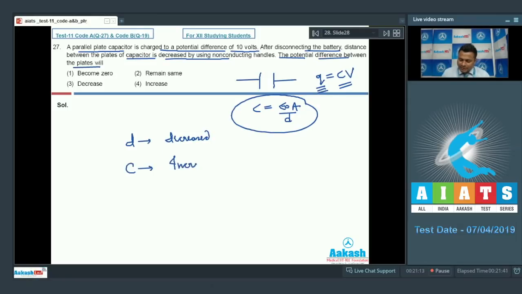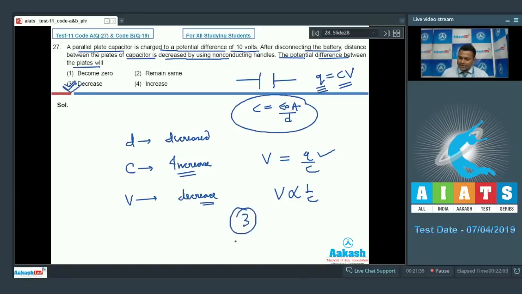C will increase. Then what will happen with V? We know that V equals Q by C. If Q is constant, V is inversely proportional to C. It means if C increases, then V decreases.